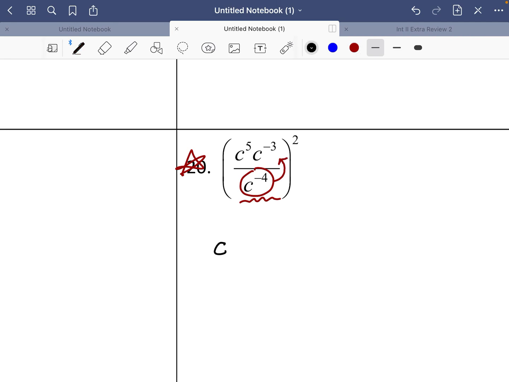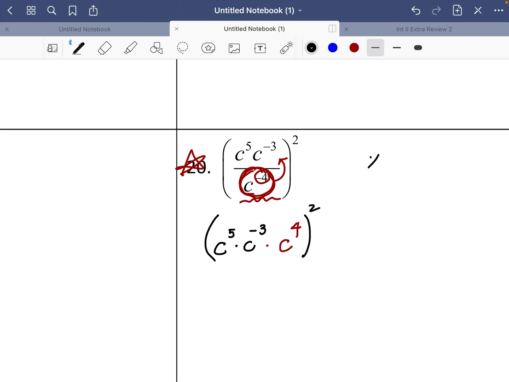So here's what I have, c to the power of 5 times c to the negative third, copy that. And then this one is in the denominator, so I'm going to move it to the numerator and change it to a positive exponent. Okay, still put the whole thing around the exponent of 2.